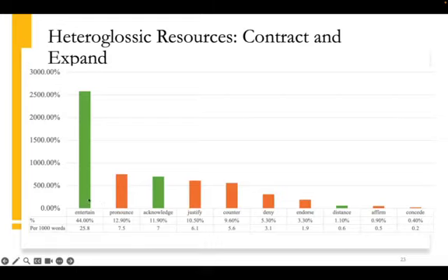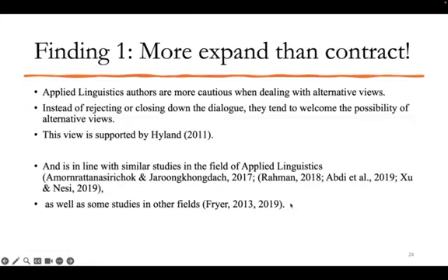Now, as we can see here, expansive resources are not many, but they were used more than contract resources in our data. So finding one, more expand than contract, which means that applied linguistics authors are more cautious when dealing with alternative views.